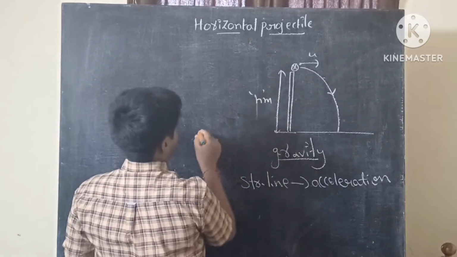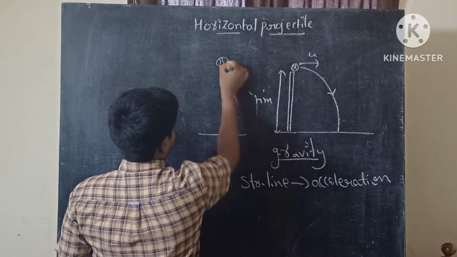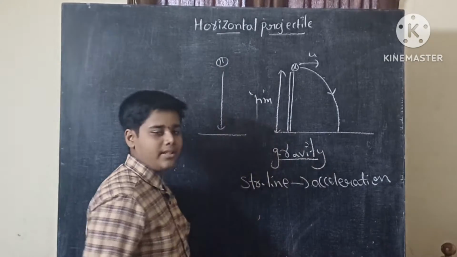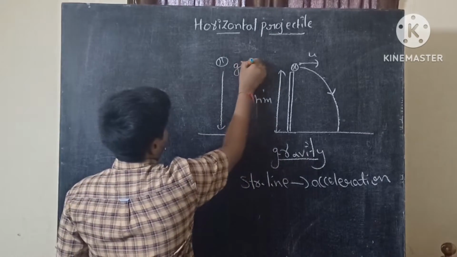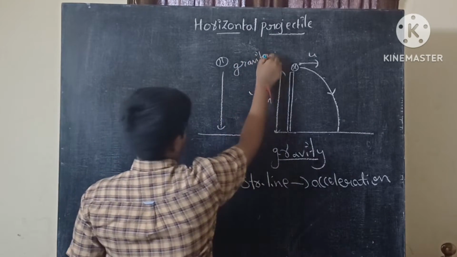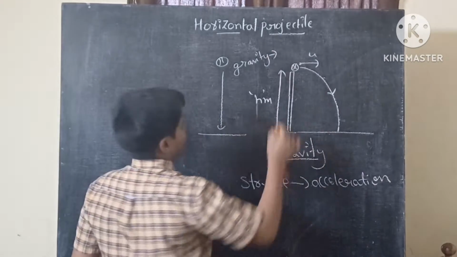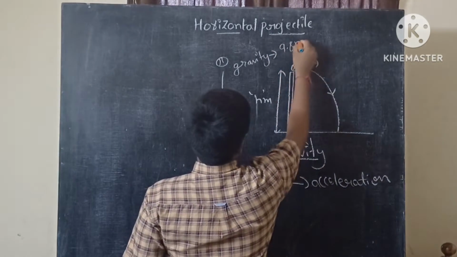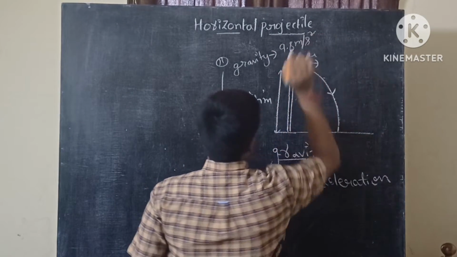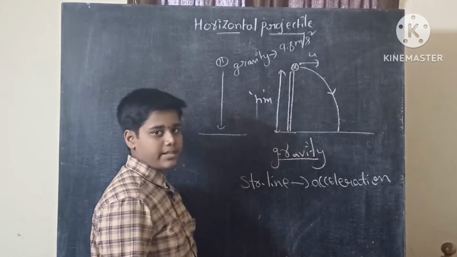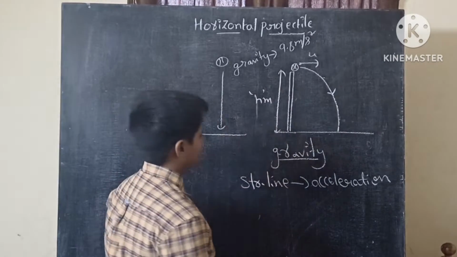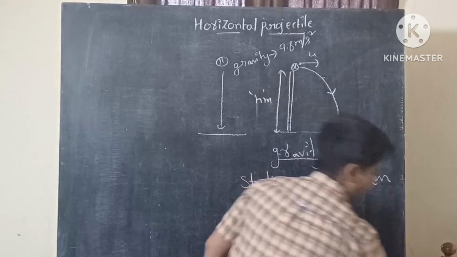In a freely falling body, it has gravity. Gravity means a constant, which is 9.8 meter per second square or 10 meter per second square. So this is called gravity.